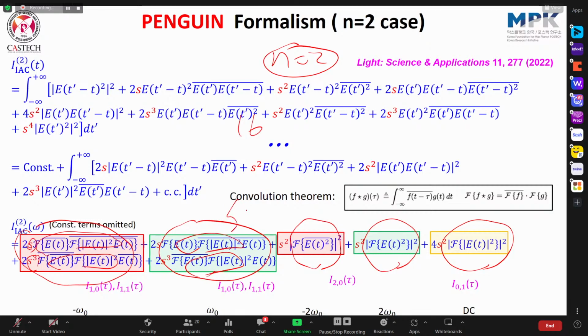So when S equals 1, the typical, conventional case, they are complex conjugates, and they combine and become real values. In this case the interference term becomes real, and it loses the phase information. But if S is not equal to 1, okay, then the story is different. These are complex values, and these are complex values. So it contains the phase information.